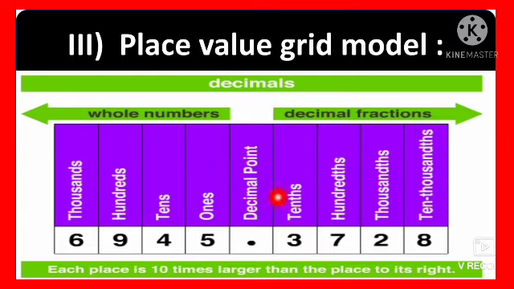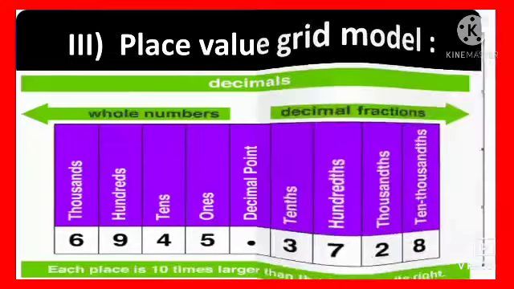In the whole part, the first digit starts from ones, and then tens, hundreds, thousands and so on. In the decimal part, the first digit starts from tenths, and then hundredths, thousandths, ten-thousandths, and so on. Each place is 10 times larger than the place to its right.